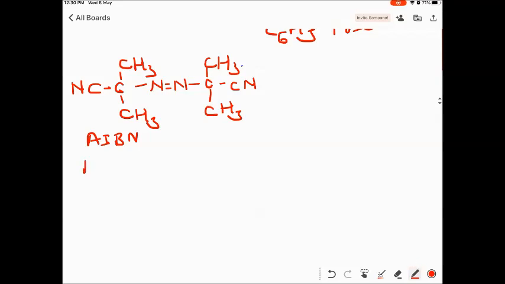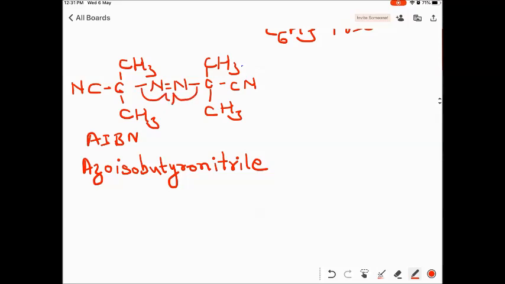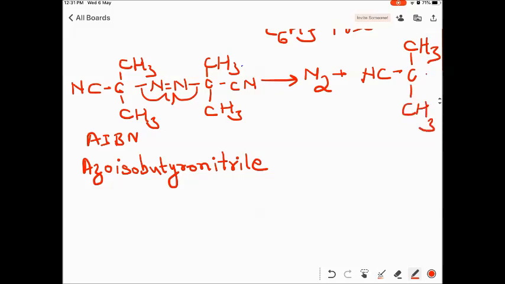AIBN is called azobisisobutyronitrile. Separated as shown, one electron from this side and another electron from this side gives us a nitrogen molecule, that is N2, plus a free radical is generated, which we can write as, and there is a free radical. 2 moles of the free radical are generated as such.